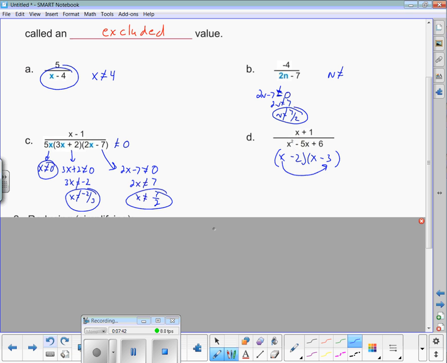Again, just a real quick refresher on factoring. Remember, the front terms have to multiply to the front, right? The back terms have to multiply to the back. Negative 2 times negative 3 is positive 6. And lastly, the outers multiplied plus the inners multiplied.